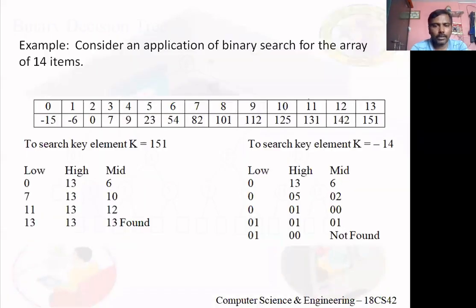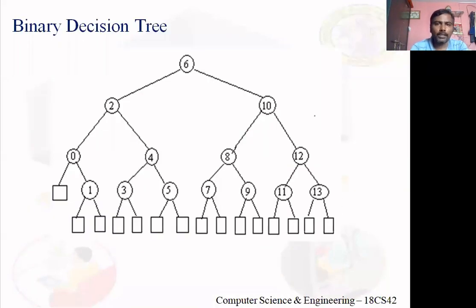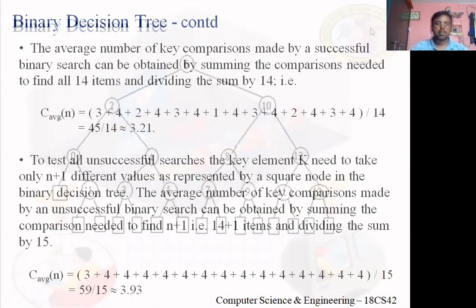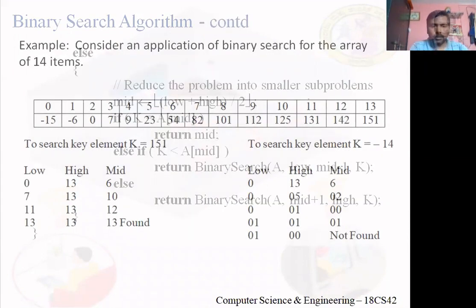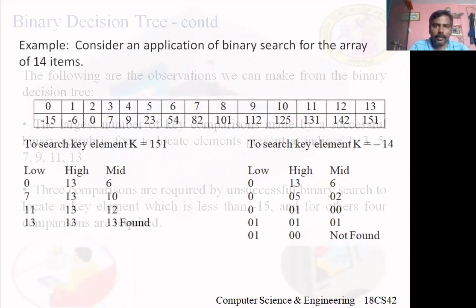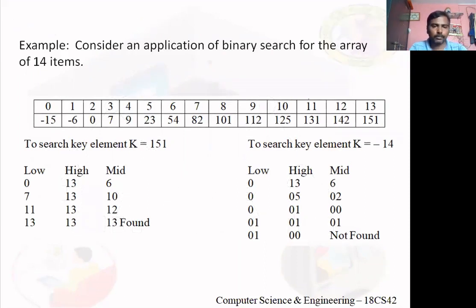Clear with this? So this is about the binary decision tree. What is the advantage of this binary decision tree? Now I'll come to the algorithm. You can just go through this algorithm. It's very simple. I'll tell you in the lab. The minimum number of comparisons occurs when I search for the mid element.